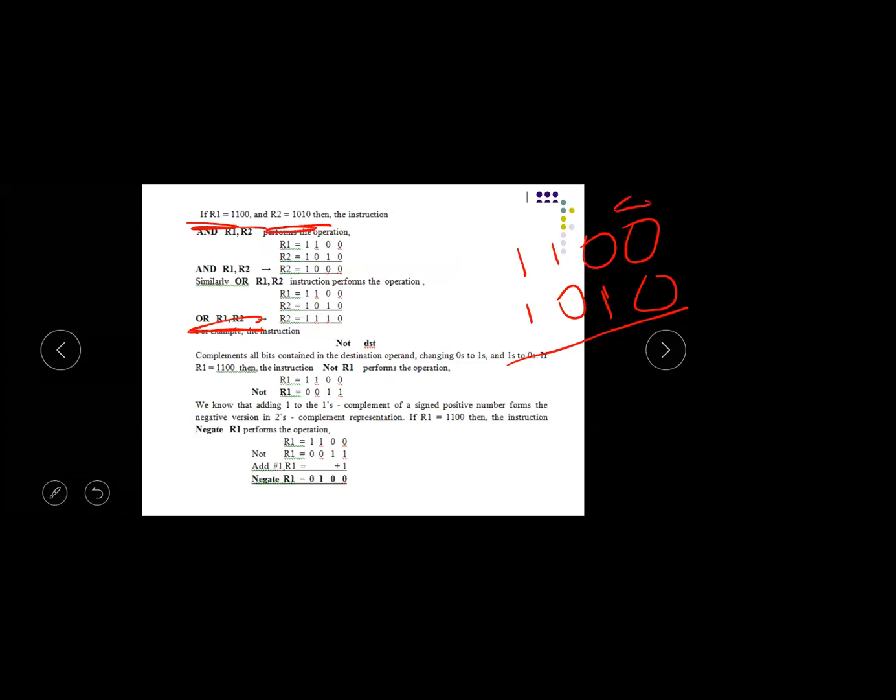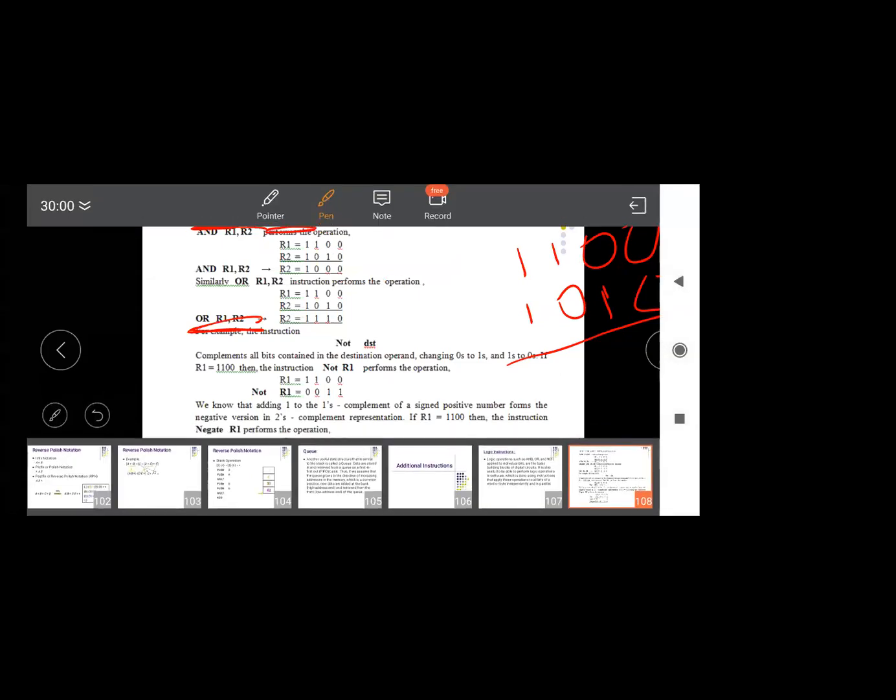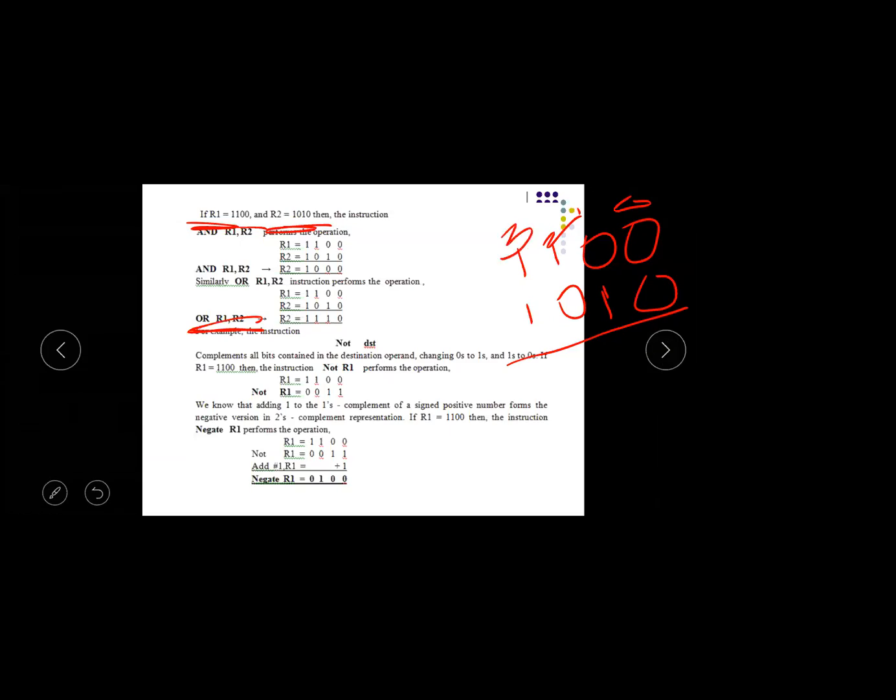Again the 0 bit position, first bit, second bit position, and third bit, and similarly for 0 and 0 the OR operation is 0, for 0 and 1 the OR operation is 1, for 1 and 0 the OR operation is 1, for 1 and 1 the OR operation is 1. That is 1 1 1 0. The same you have to get here also.